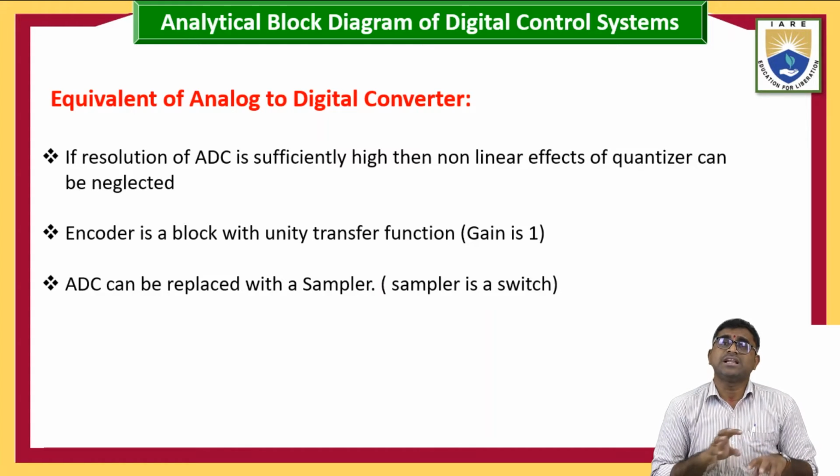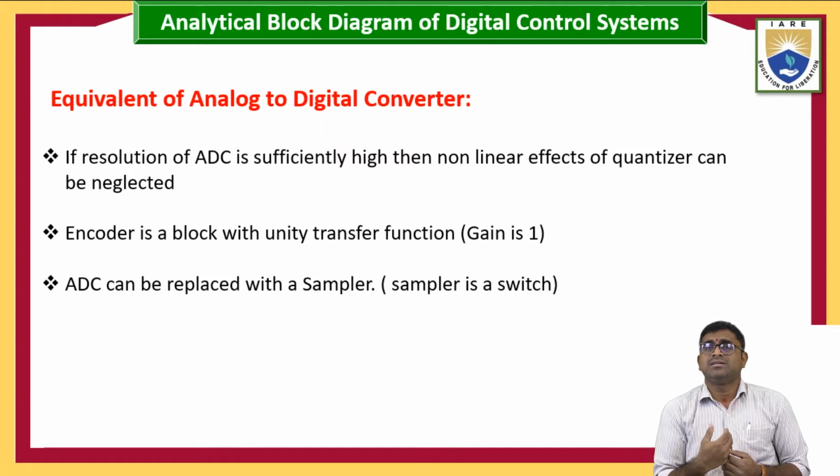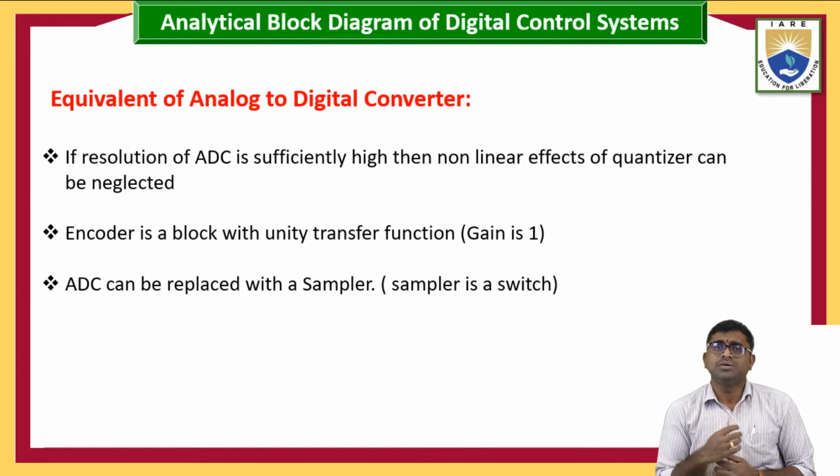That digital part is the input to the computer; see the block diagram, the ADC block is before the digital computer. So the ADC can be replaced with a sampler, and the sampler is nothing but a switch, represented like this.